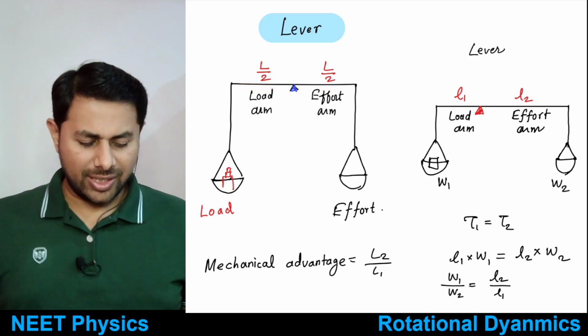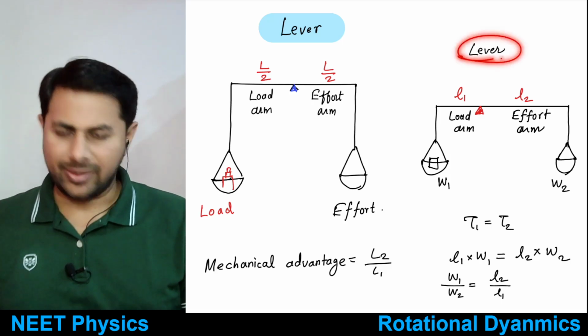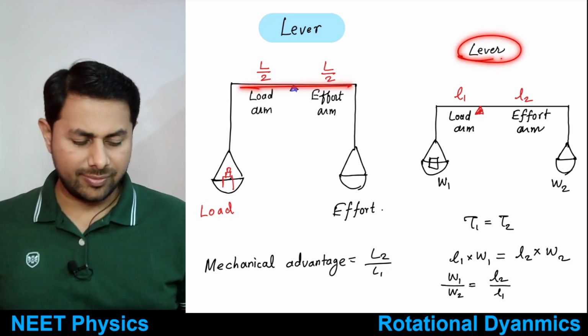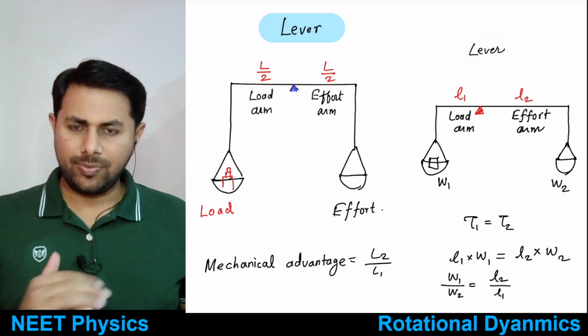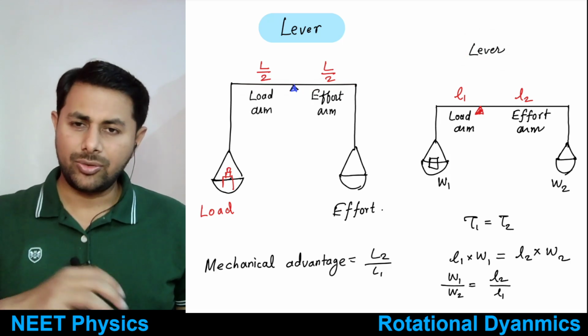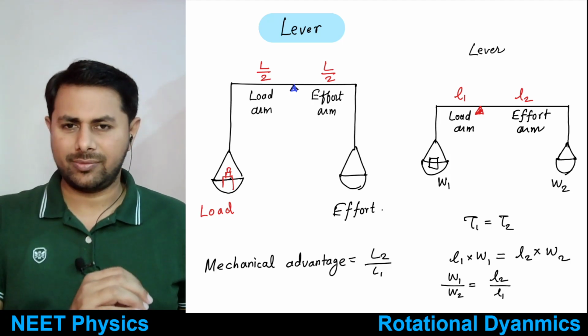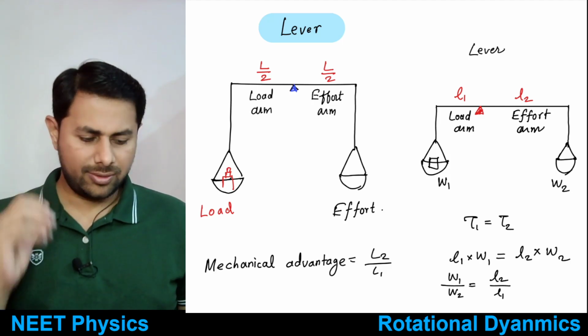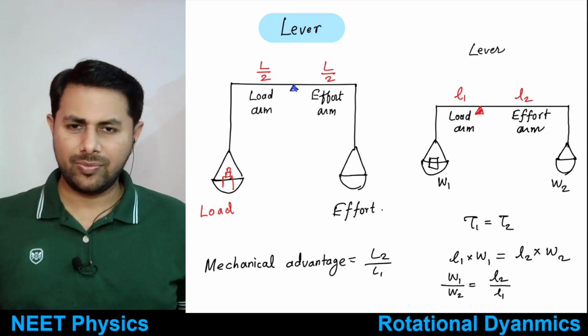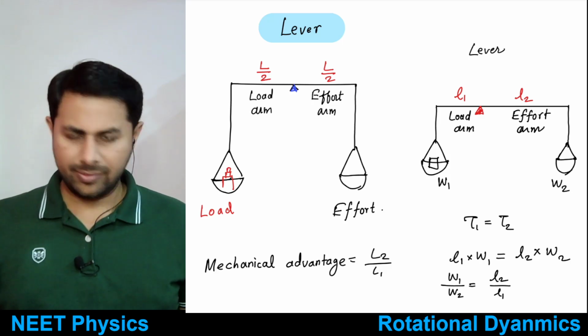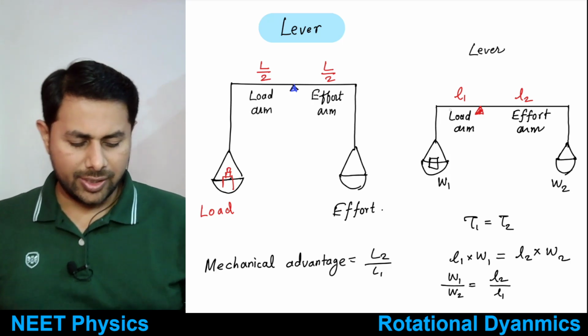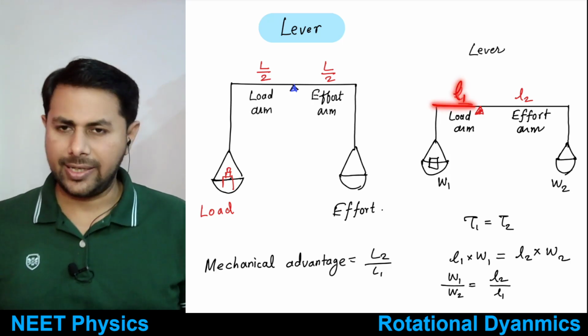Now what's the use of a lever? Actually, this is a balanced lever. The use of a lever is that you want to lift a huge weight by putting in a small effort. This is the load arm, its length is L1.